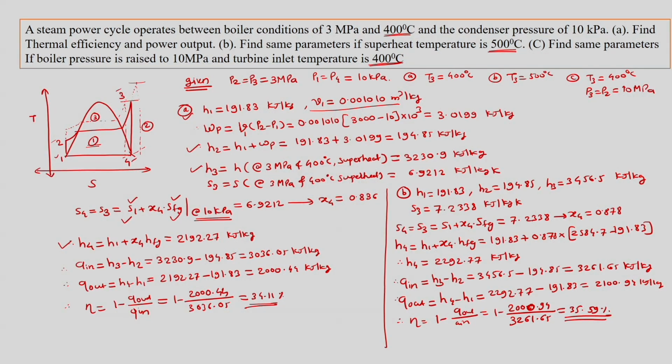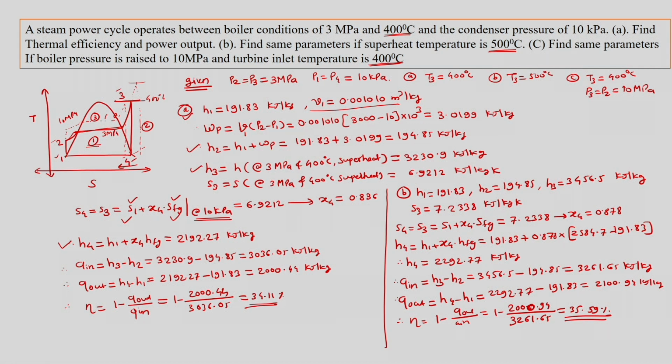We should remember here that we kept the same turbine inlet temperature as 400 degrees Celsius, but we increased the boiler pressure from 3 megapascal to 10 megapascal. We can see that we got a decrement in the dryness fraction.